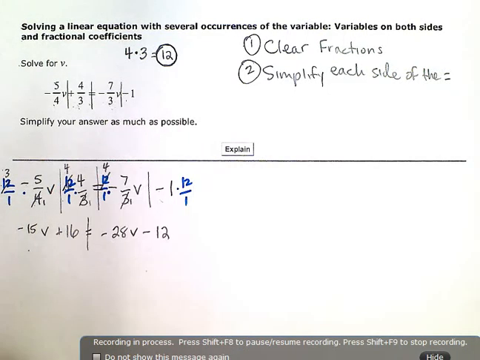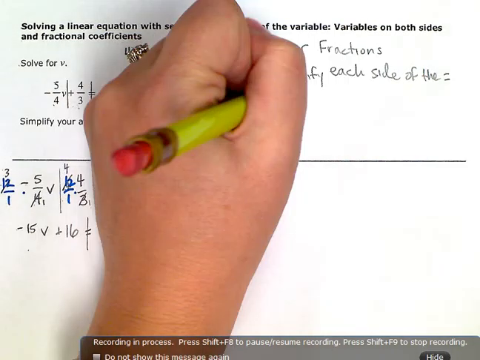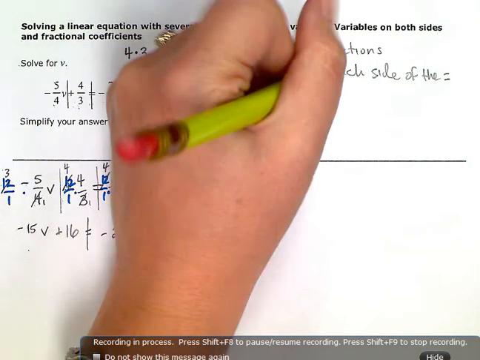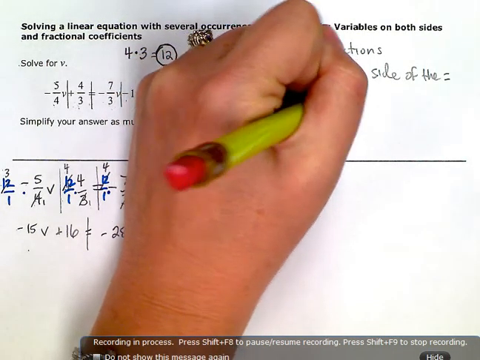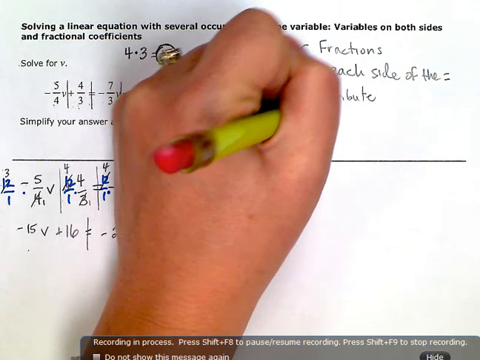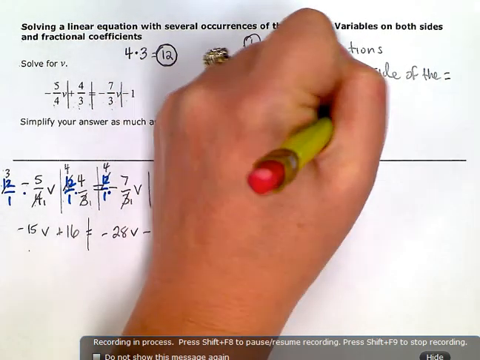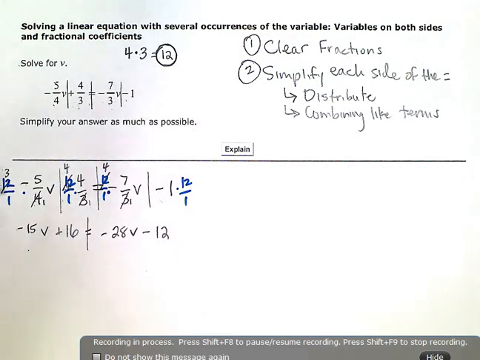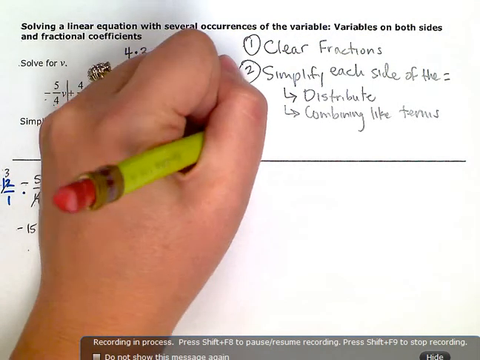Same thing over on this side. A v term and a constant term. They're not like terms. Nothing to simplify. I have no parentheses, so I can't distribute anything either. When we're simplifying, we're either distributing or combining like terms. I can't do either of those things on either side. So I can go ahead and just jump down to step 3 now.